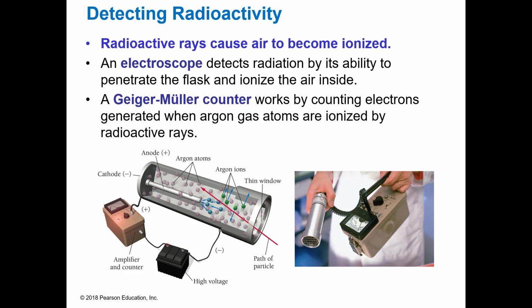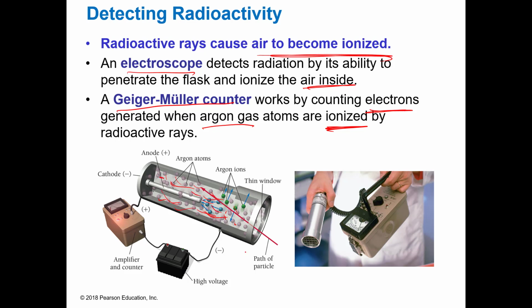Because these radioactive rays cause the air to become ionized, an electroscope can detect the radiation. It penetrates a flask and then ionizes the air found inside. A Geiger-Muller counter, or Geiger counter, works by counting how many electrons are generated when argon gas is ionized by those radioactive waves. So you have argon gas inside this tube.